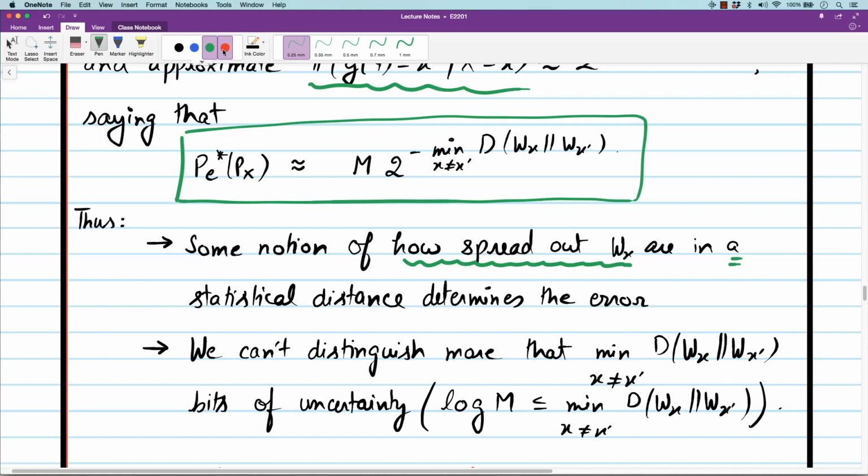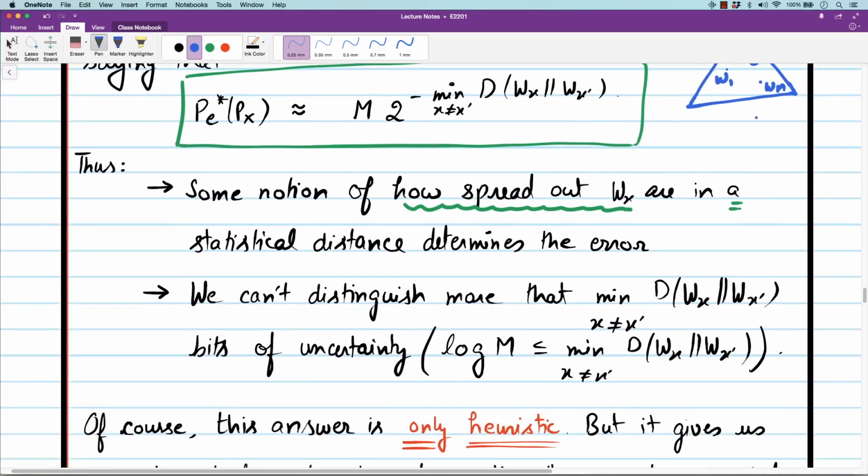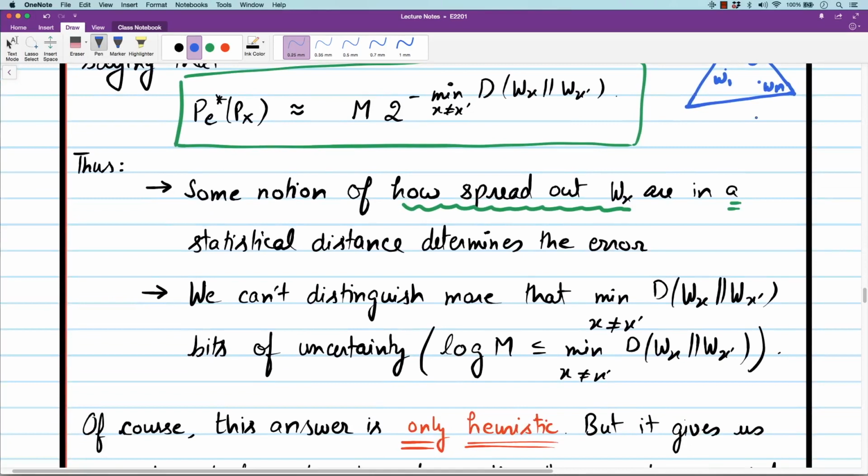You can imagine that this is my set of all distributions on y, and there are a lot of these distributions, w0, w1, up to wm. These are the distributions for different hypotheses. We want to understand how difficult this hypothesis testing problem is, and one notion is how spread out they are. Here that spread is captured by the two closest points in this group. So the more spread out the wi's are, the easier the problem.